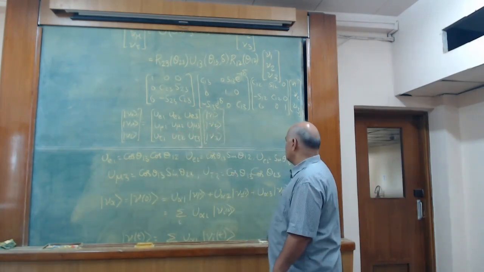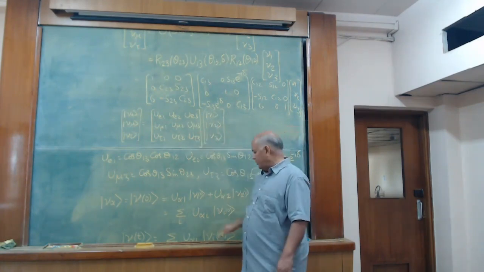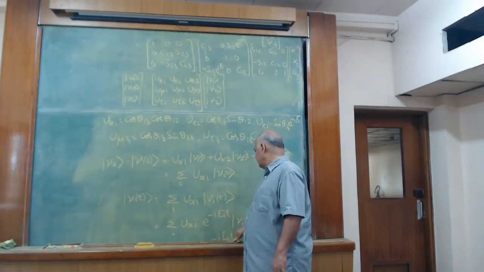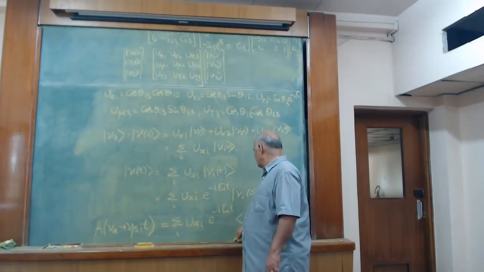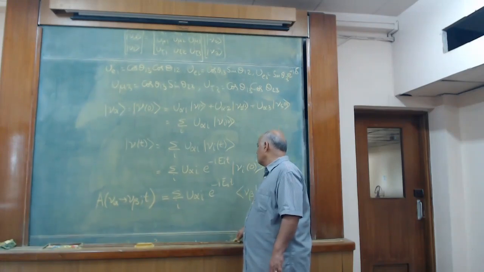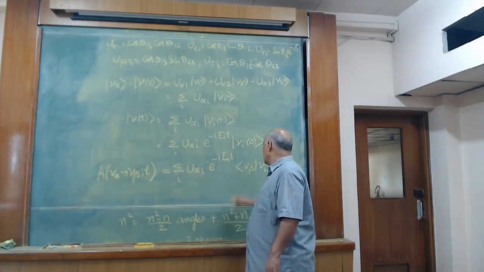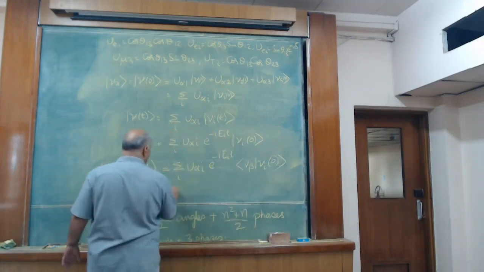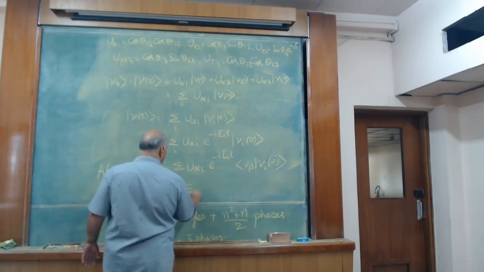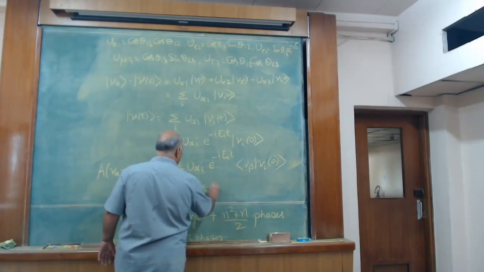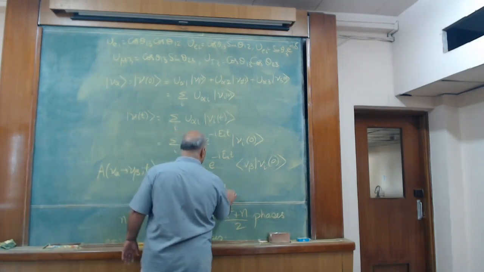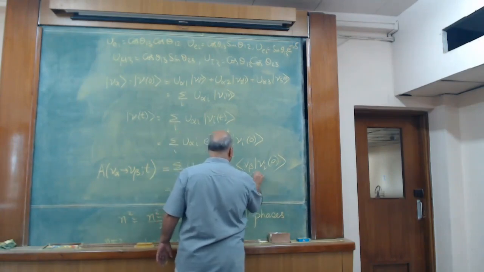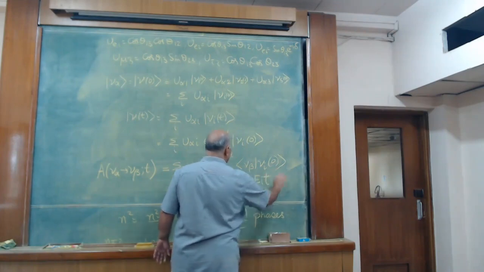So based on this definition, if you work out what this overlap is, you will find that it is sum over i u alpha i u beta i star e power minus i E i t.